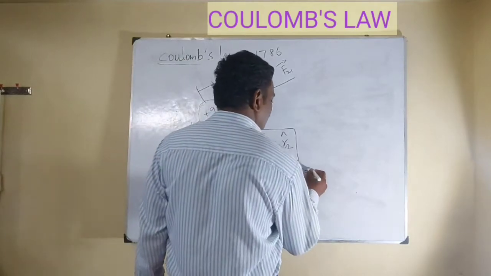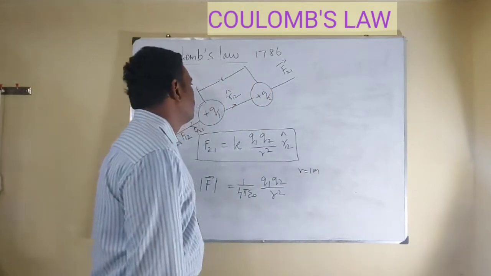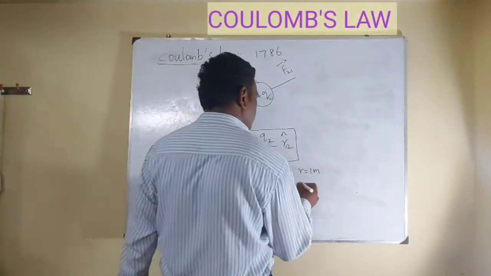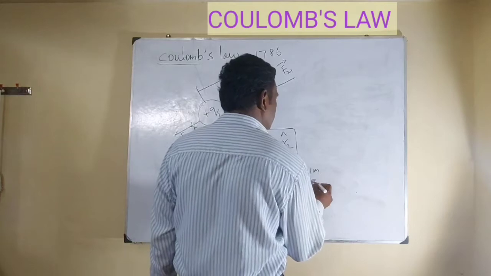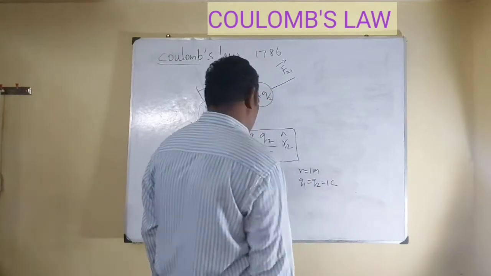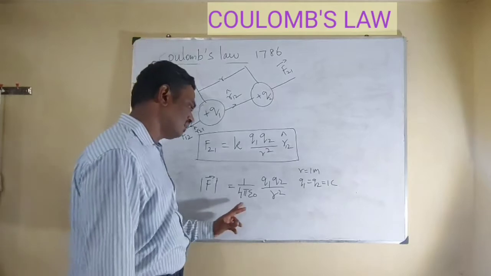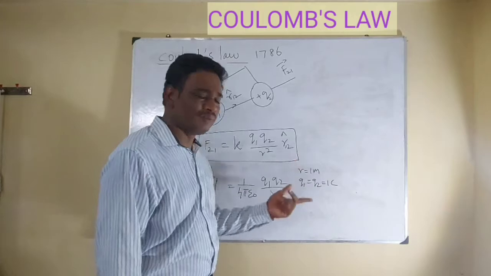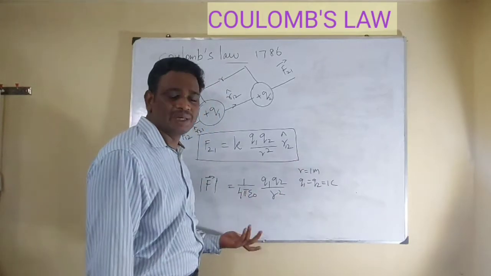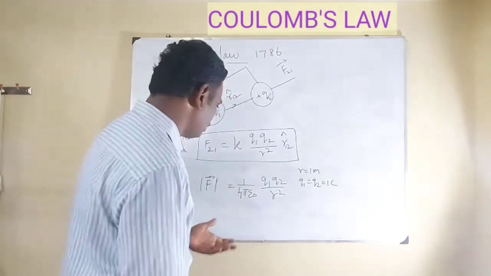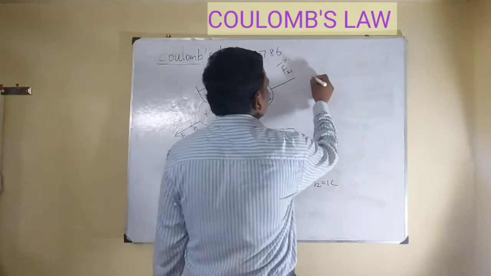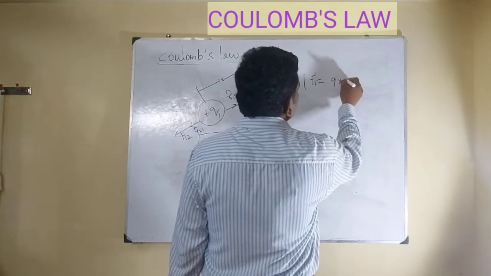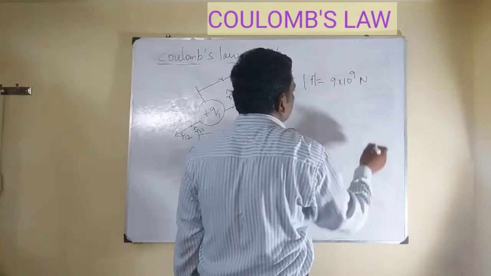So r is equal to 1 meter, and the charge I am going to consider is 1 coulomb, that is q1 equal to q2 equal to 1 coulomb. Then what is the remaining? Because q1 q2 will become 1, r square also will become 1. The remaining value is 1 by 4 pi epsilon naught. We know the value of 1 by 4 pi epsilon naught, so the magnitude of the force is equal to 9 into 10 power 9 Newton.